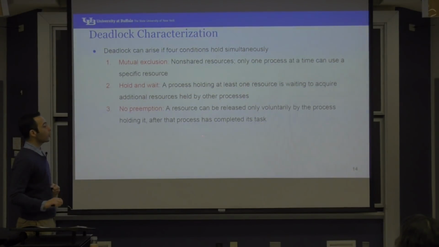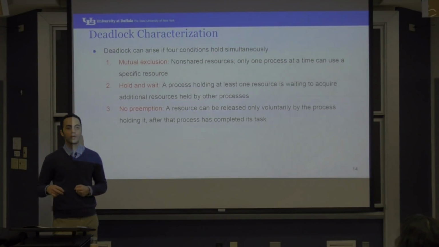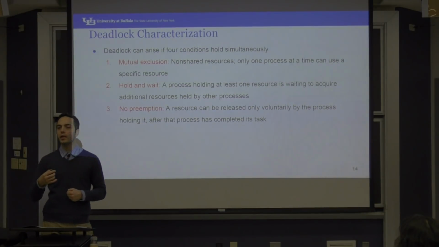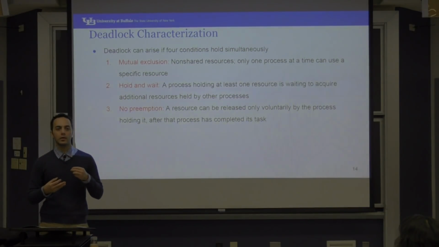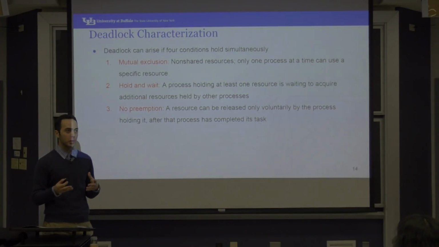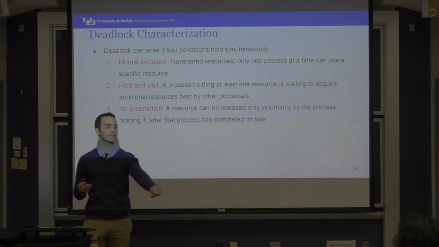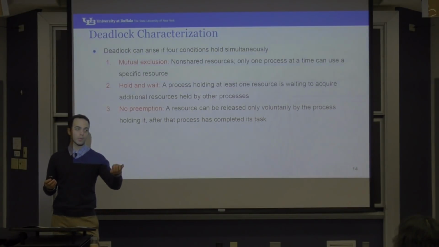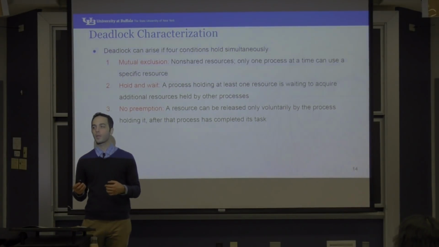The third one is no preemption. This is when the resource allocation is not implemented in a way that the processes can be preempted. You remember in scheduling, preemption was when the OS forcibly takes the CPU, takes the resource away from the process.